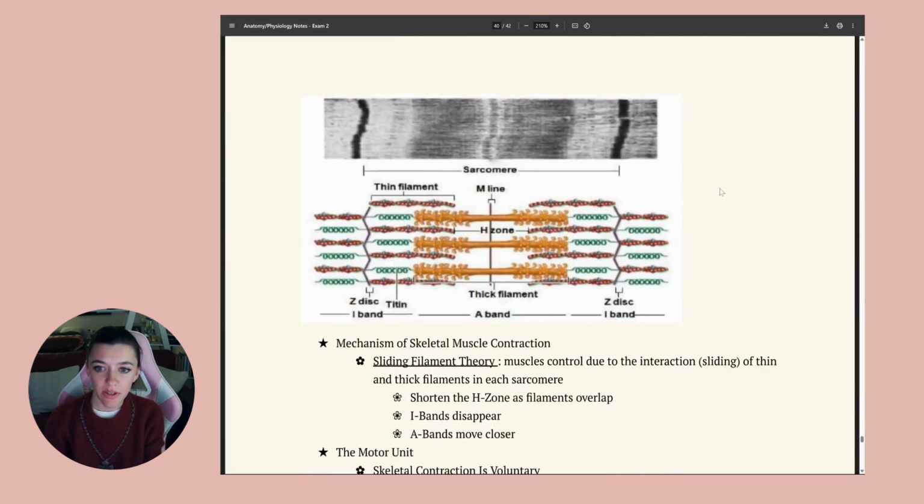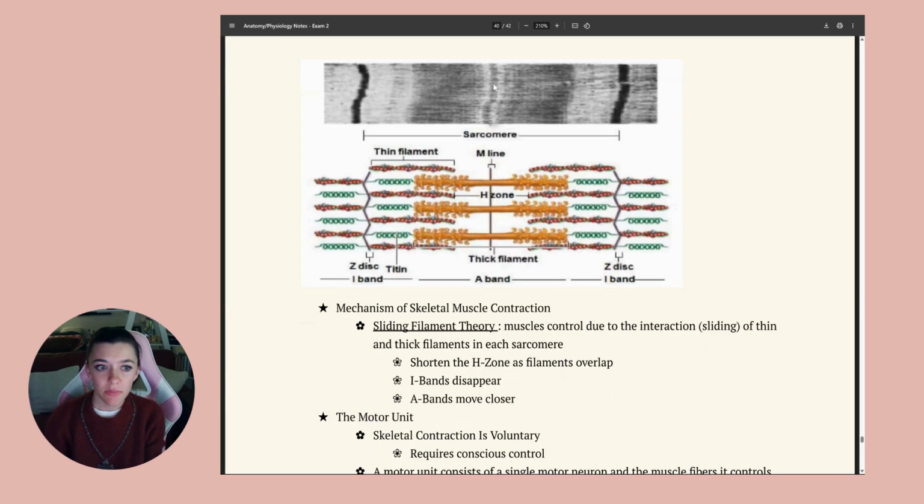We can see that right here. There's the M line. Then you have thick filaments all over here. Your Z disc is on the right and left sides. That is the very darkest part. Then I can see where the A band is. Your thin filaments, that's the lighter parts over here.